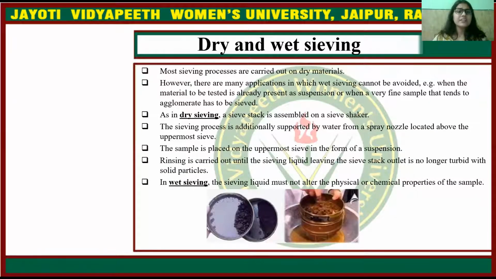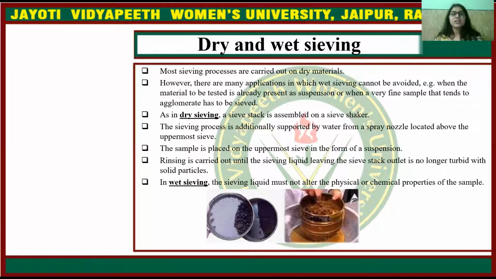Next is dry and wet sieving. Most sieving processes are carried out on dry materials. However, there are many applications in which wet sieving cannot be avoided, for example, when the material to be tested is already present as a suspension, or when a very fine sample that tends to agglomerate has to be sieved.